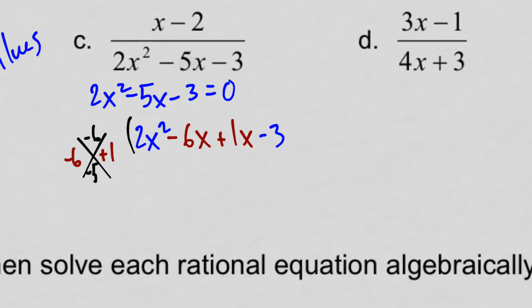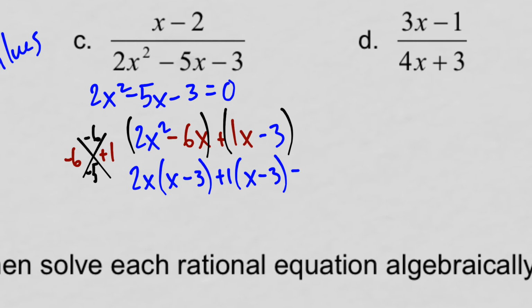Now we're going to use factoring by grouping to finish it here. The first pair, they have two things in common, 2 and also x. So it's going to be 2x times x minus 3. The other two, the only thing is 1. So it's 1 times x minus 3. The common factor that they have is x minus 3.